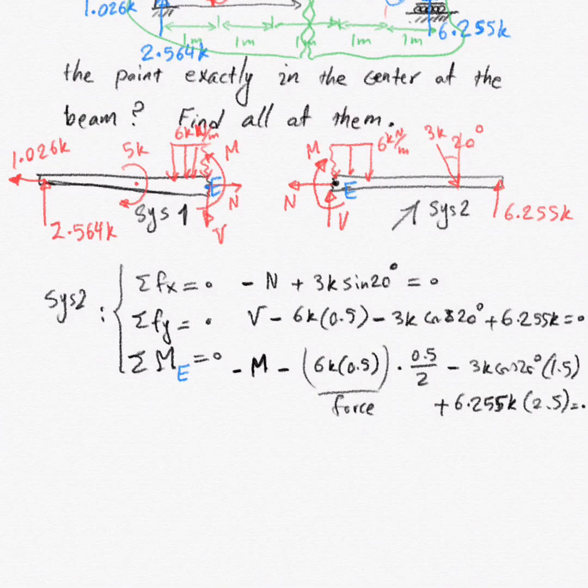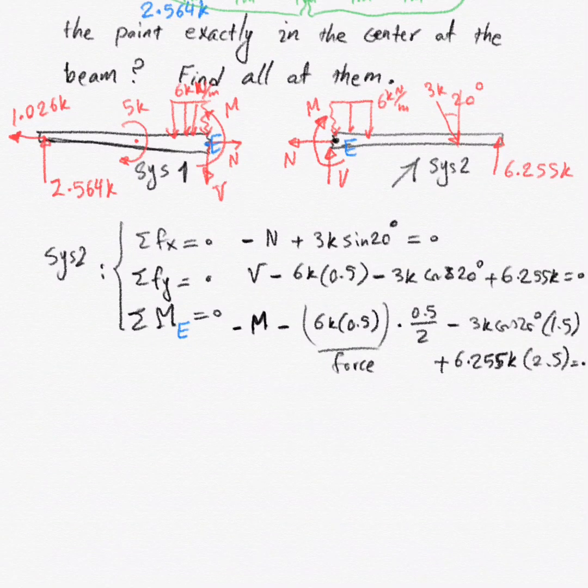Now let's solve it. When you solve the first one, you get 3K times sine 20. So your N, the axial or normal load, is 1.026K positive.